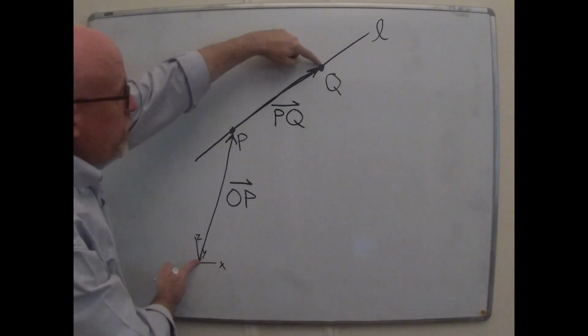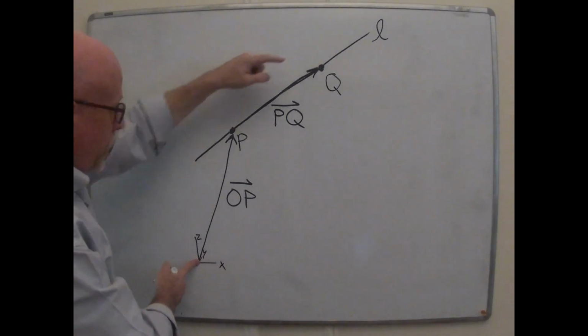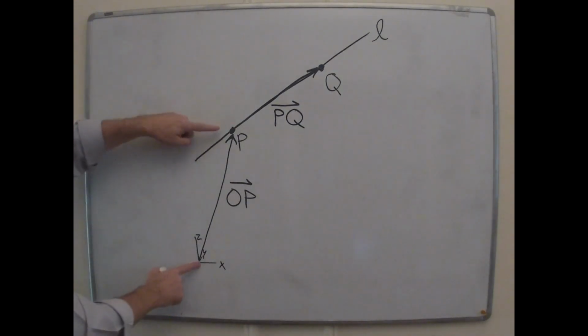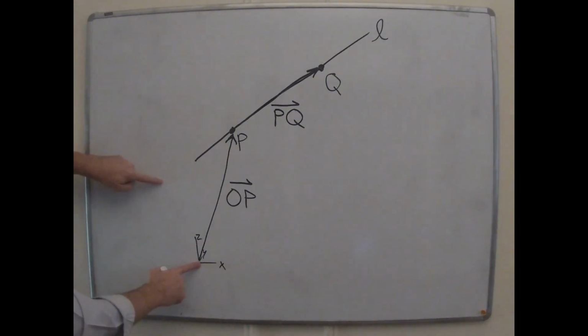If I added 1 times PQ, I'd be out here. If I added 2 times PQ, I'd probably be just off screen. Minus 1 times PQ added to OP was back here.